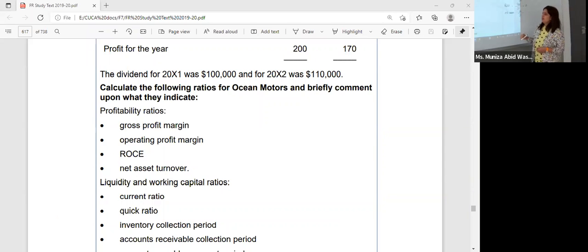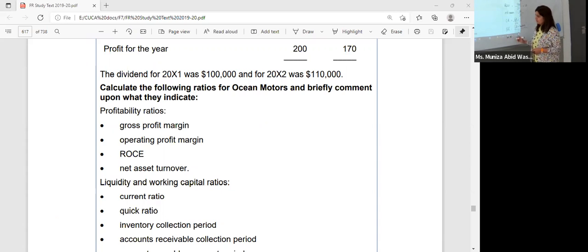Then we have liquidity and working capital ratios. Current ratio: current assets divided by current liabilities. Quick ratio: current assets minus inventory, which is known as quick assets, divided by current liabilities. Then we have inventory collection period.